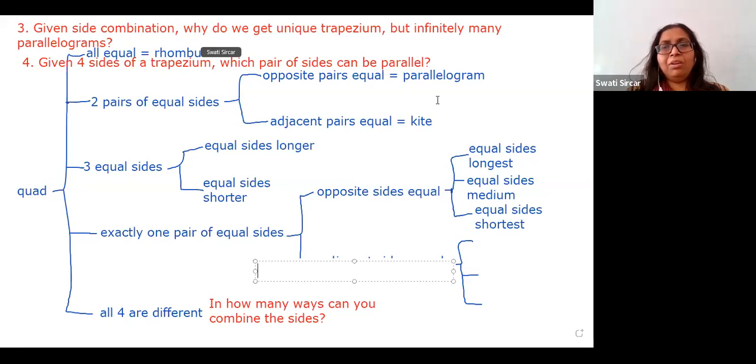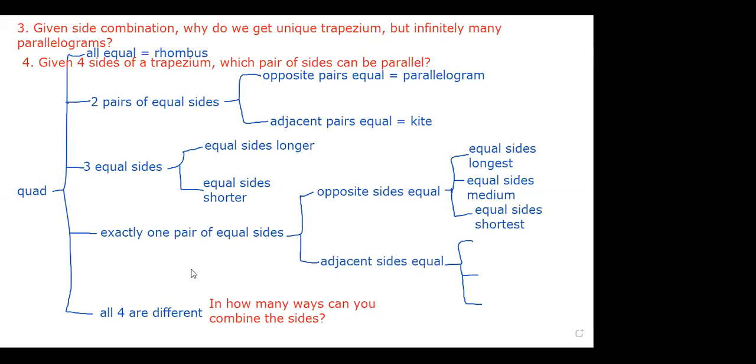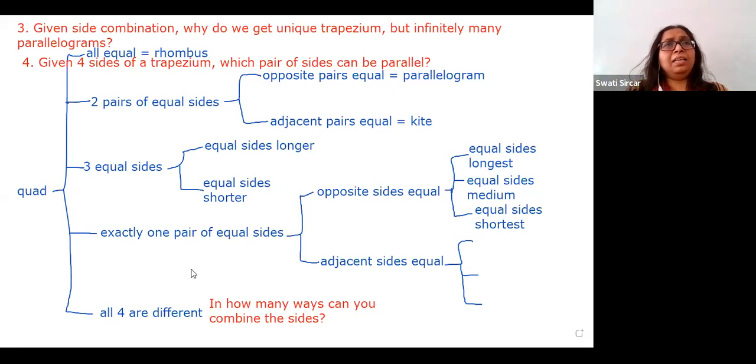Somebody said something about equal diagonals. How do you think the diagonals are for an isosceles trapezium? Ma'am, diagonals do not bisect in isosceles trapezium. Yeah, okay, they don't bisect. That doesn't mean in a rectangle they can't bisect.